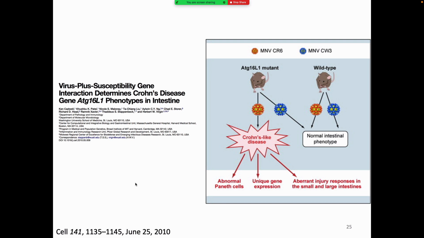It's missing a particular gene, ATG16L1. The thing that you should see from this is that there is a genetic component in this disease situation. However, just because the mouse has this particular mutation doesn't mean that it ends up with Crohn's disease.